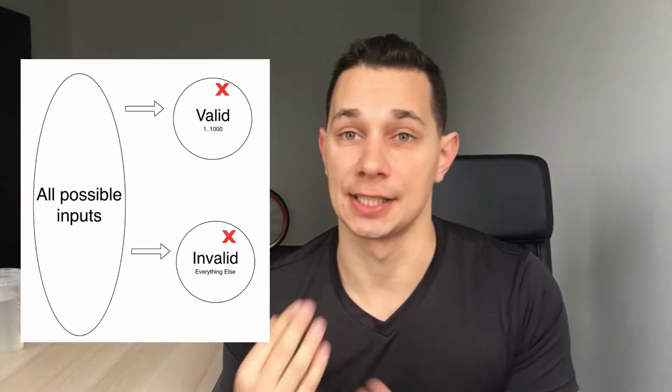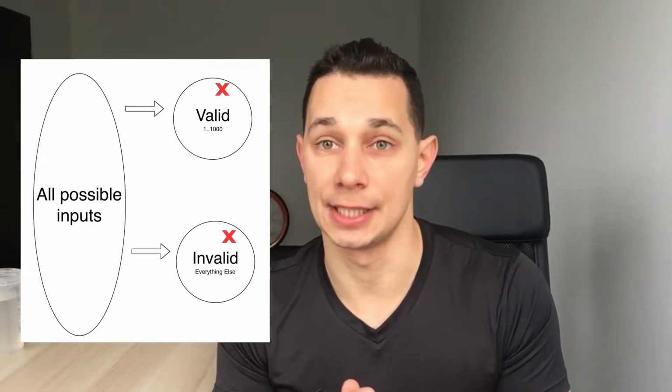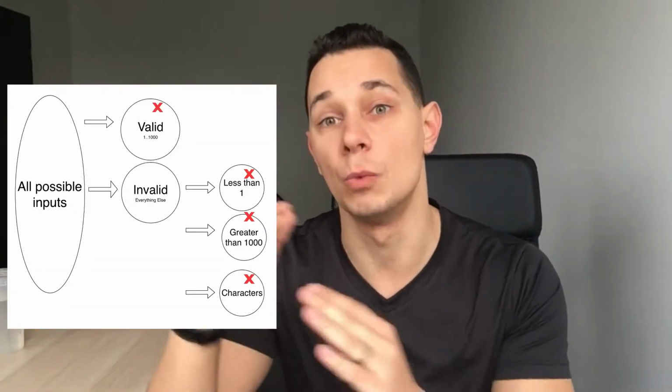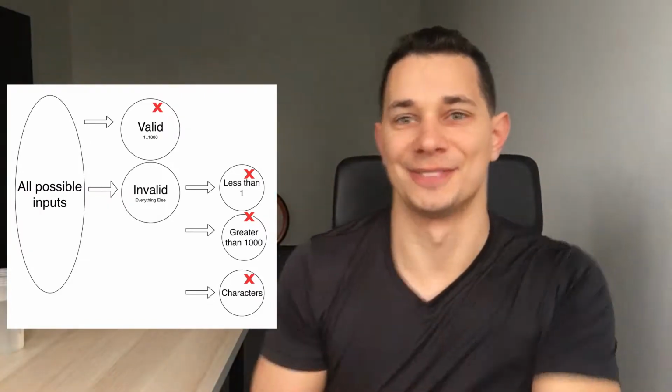Of course, we need to test a valid partition, between 1 and 1000, and we need to test invalid ones, below 1, and some values which are higher than 1000. Actually, it's one invalid partition, and you can divide it into more sub-partitions. Here is the figure.